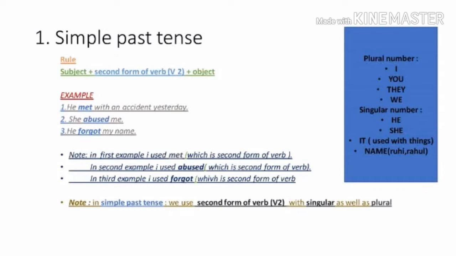Now in the second example I used abused, which is again a second form of verb. So what we learned, in simple past tense we use second form of verb in between subject and object. And the other noticing thing is that we use second form of verb with plural as well as singular.